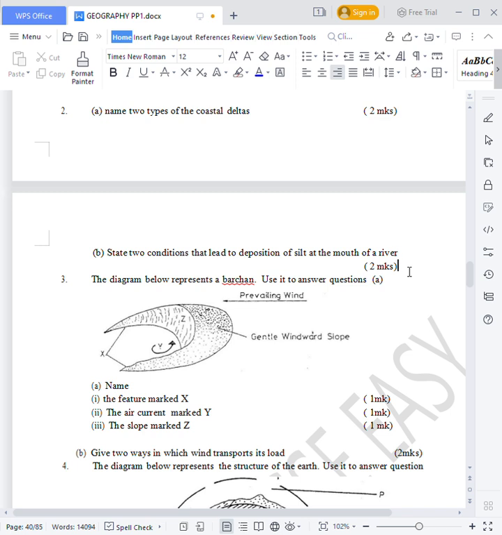In question 3, we had a diagram of a barchan.